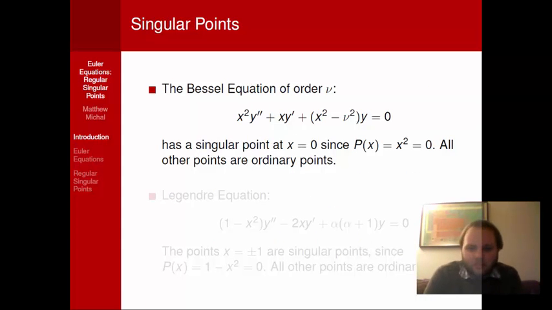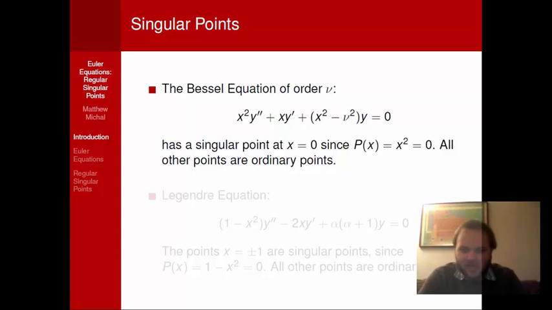So, singular points. Let's look at the Bessel equation, a famous equation that we play a lot with. It even has specific solutions, Bessel solutions. If we look at the very front of the Bessel equation, we see that big P of x is equal to x squared. Solve x squared equals 0, and surprise, surprise, x equals 0 is a singular point.